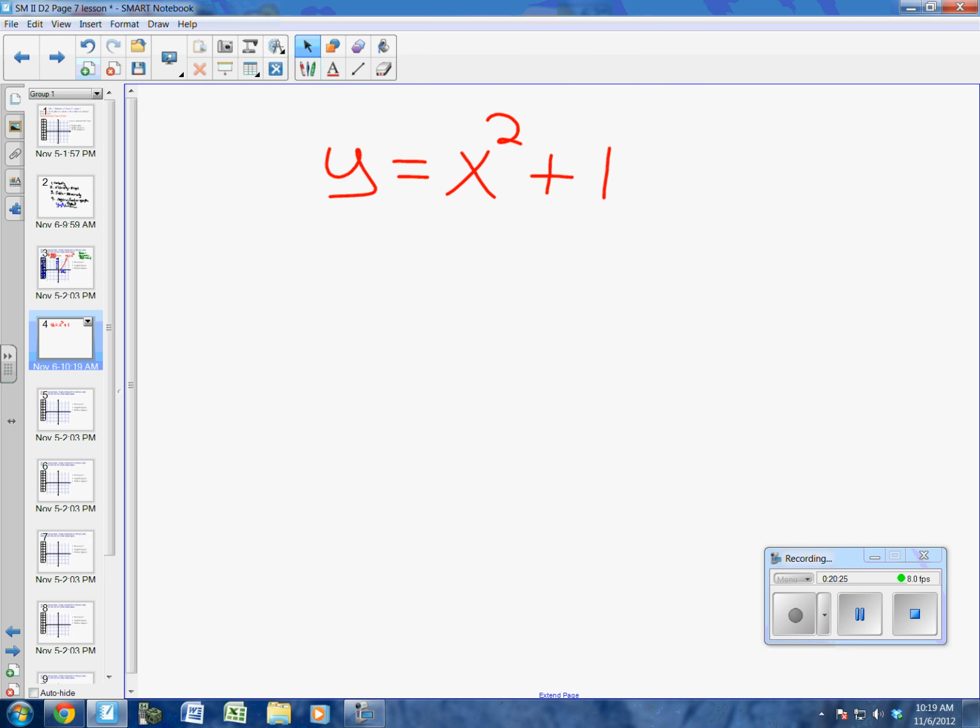I'm going to give you a minute. Me and Mr. Cooper are going to walk around. We're going to see who's got it. Go. X squared plus 1. Okay, hurry and do this, you guys. No, I'm not asking you guys. I'm asking you to show me with your pattern blocks.